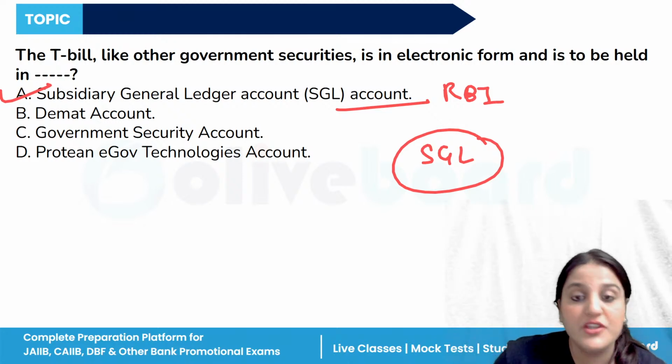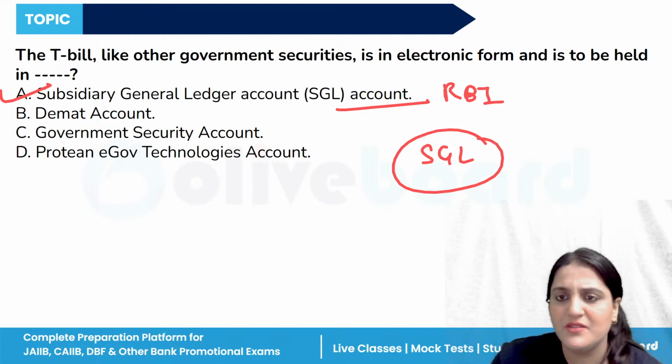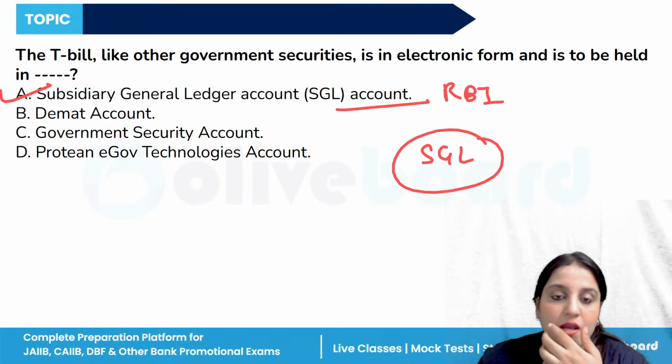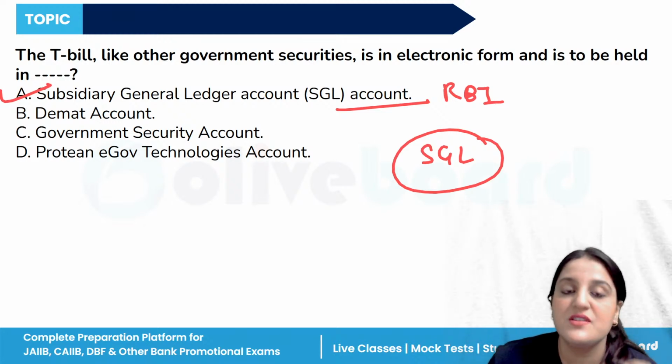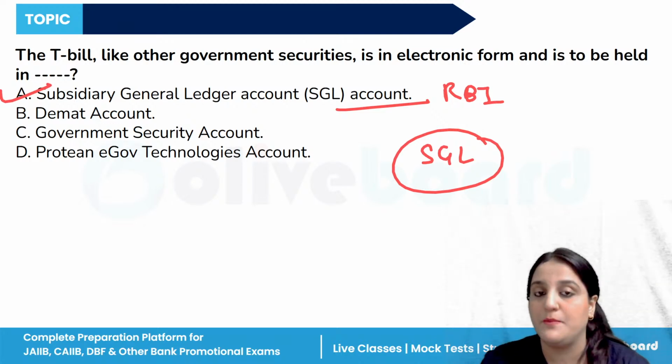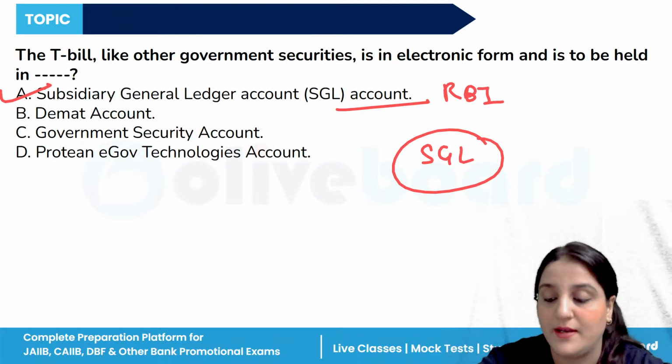The government security account term is not commonly used in the context of holding government securities. And option 4 basically refers to a specific technology service provider, but not an account for holding T-bills. That's why option A is correct here.